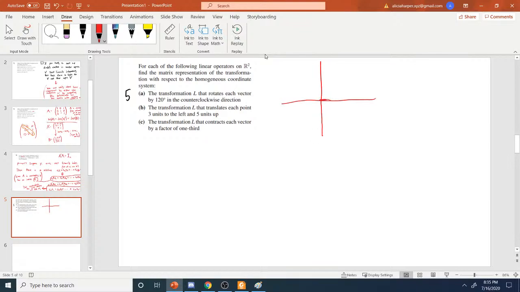Suppose we have the vector 1, 0. And then we want to rotate by an angle theta to a vector like this. Then the components of this vector are going to be cos theta and sine theta.